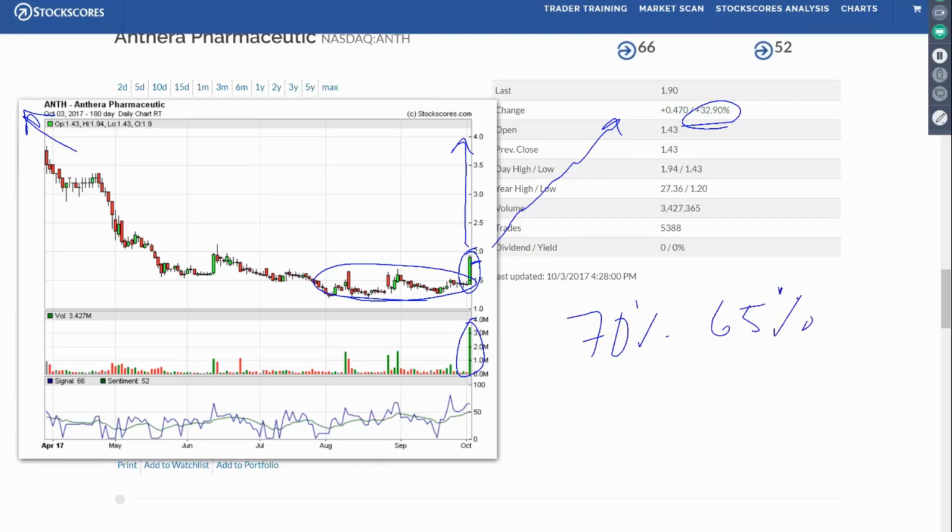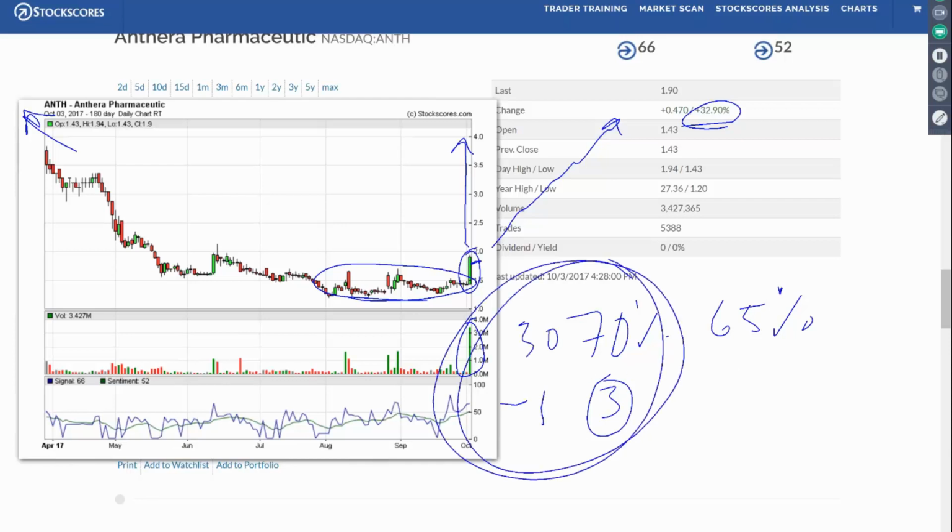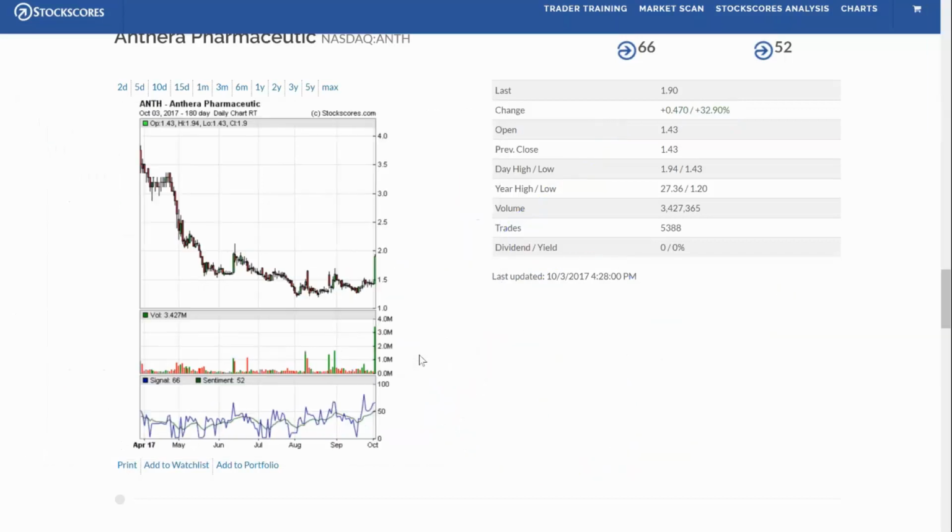I know that just from experience. So that's a bet that I'm willing to make. If I know that I have a 70% chance of making, say, $3 per share, or a 30% chance of losing $1 a share, that's a good trade to take. And I can teach you how to identify these opportunities. We'll talk about that a little later.